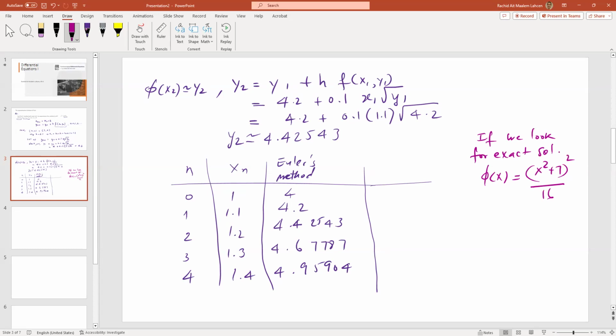And if we take this exact solution and calculate using these xn values, we would get these yn values as 4.21276, 4.4521, 4.7976, and 5.